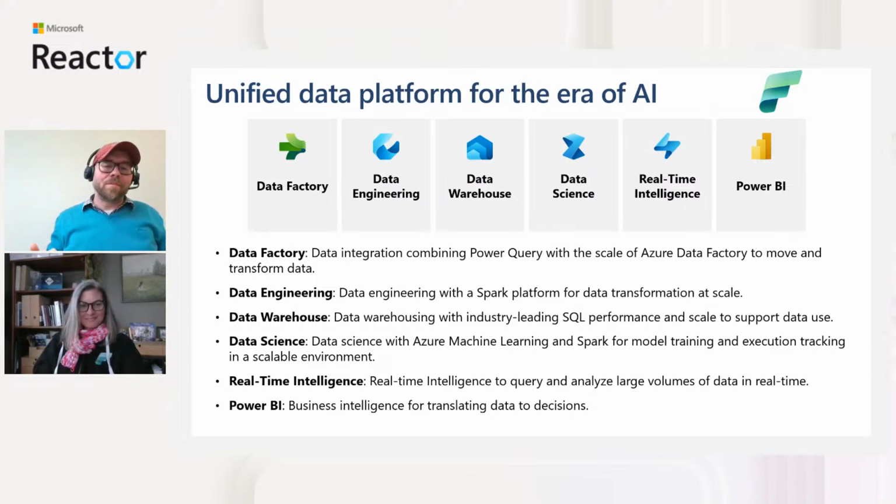Real-time intelligence is all about streaming data. So if you have some streaming data and want to analyze it, you can do this with real-time intelligence. And the good thing is you can do this while the data streams in, right? So you have real-time insights into your streaming data.